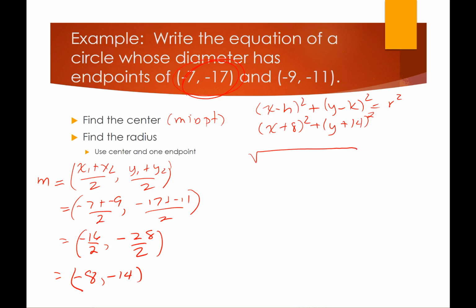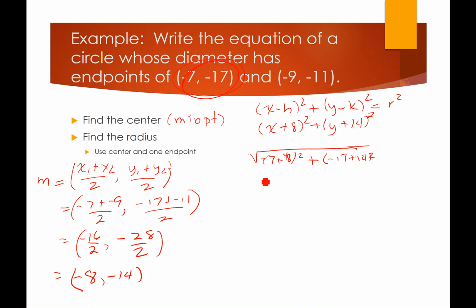Okay, so the difference of my x's, negative 7 minus a negative 8 squared, plus the difference of my y's, negative 17 minus a negative 14, which would be plus 14 squared. This will become pluses as well.